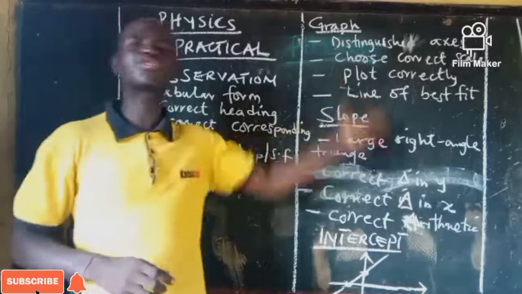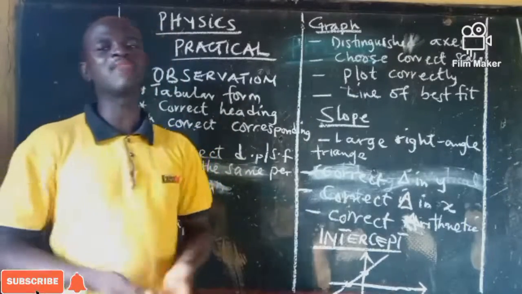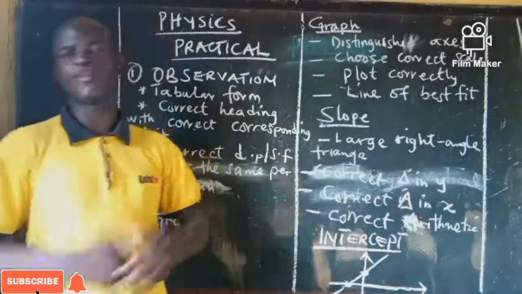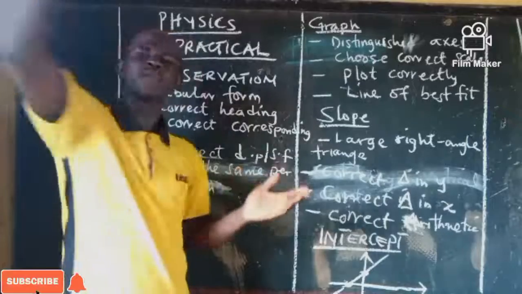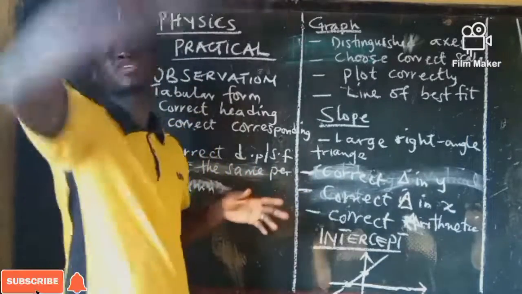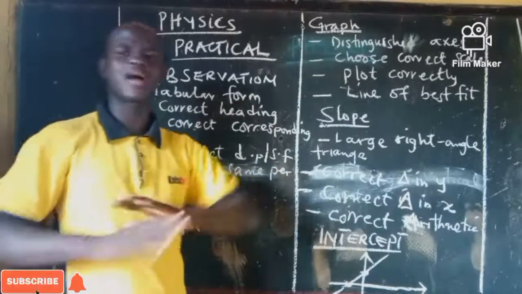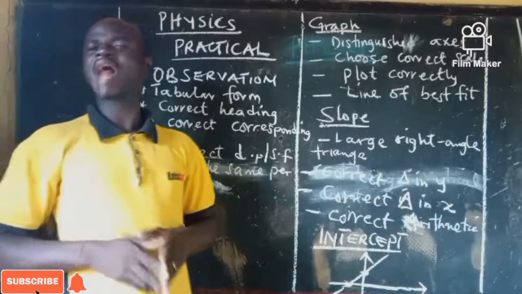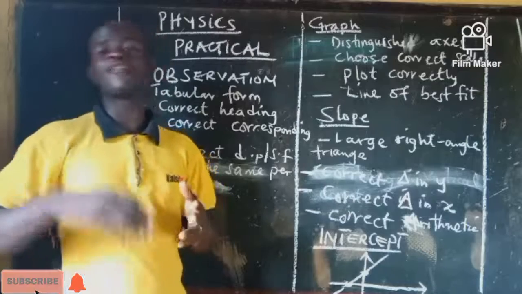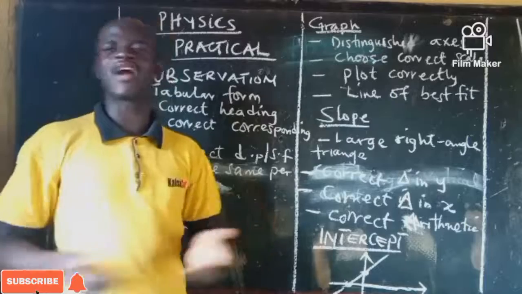And then you need to take note of what is called the line of best fit. At times when you plot your graph, for example, you have 6 points or 5 points, the points can be on the same line, and the line will pass through all these 6 points. Perfect. If it is 5 points, perfect, correct. And if it is 4 out of 5 or 5 out of 6 points, it's still fine.